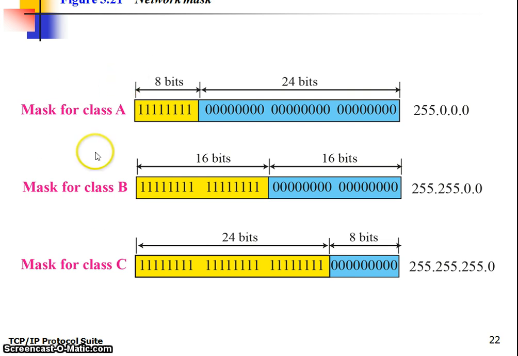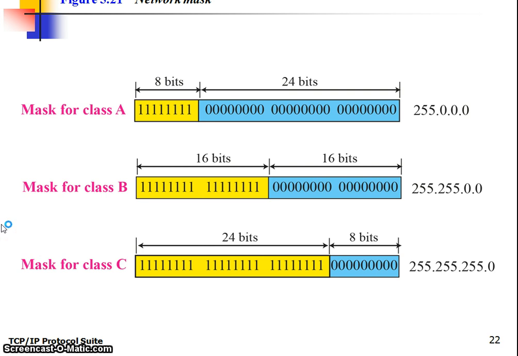For class A, the default mask is given as 255.0.0.0 because the first block indicates network ID. In class B, the first two blocks are 255 and 255 and the remaining are 0. Similarly for class C, you have seen in real time, every time below the IP address there is always a default mask.